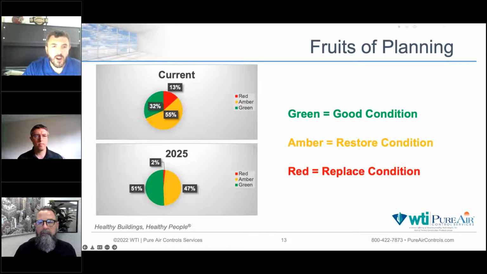If you have a high red, that means you probably have more fires to put out. That's natural, because that means that asset's in terrible shape and it needs to be replaced. But the less red you have, the fewer fires to put out. So from a perspective of just stress every day in the facilities department, that's a big difference.